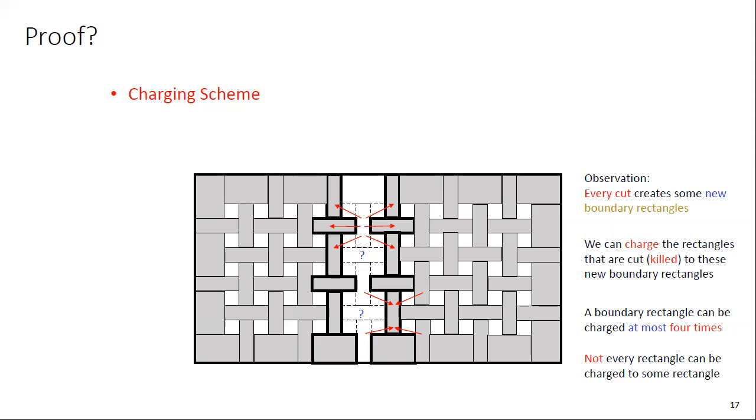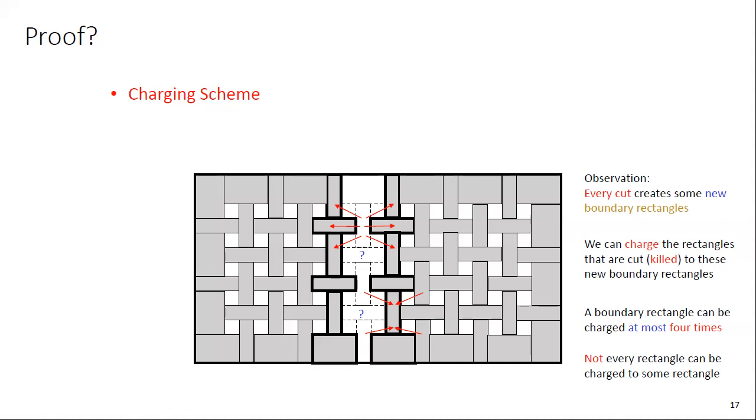So here, the fact is that we will do this in a way that each rectangle is charged at most 4 times. So it will make sure that at the end, a rectangle is not overcharged, and this will prove what we want.